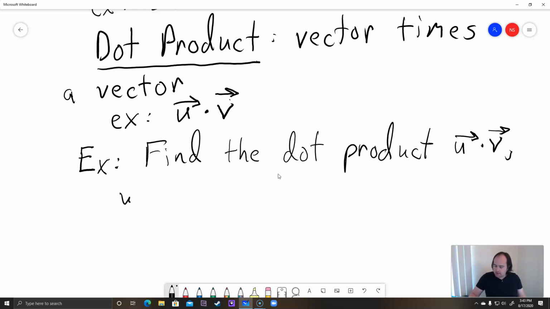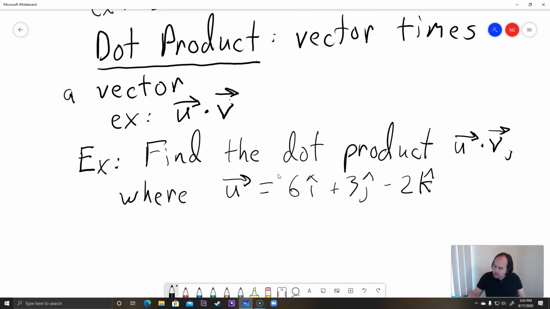For this problem, they're telling us that vector u is equal to 6i plus 3j minus 2k, and vector v is equal to 12i plus 35j.